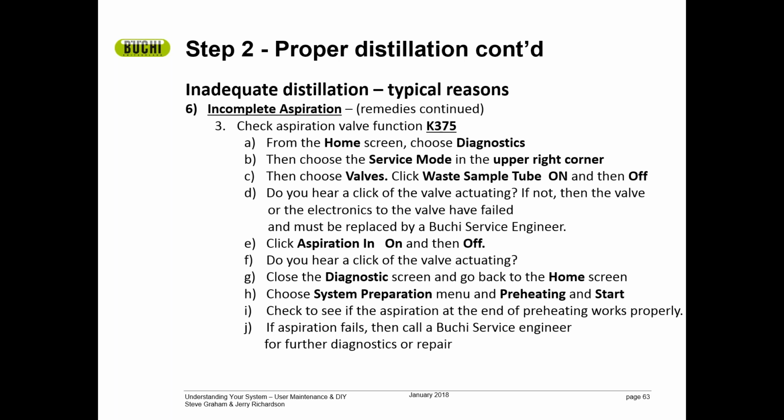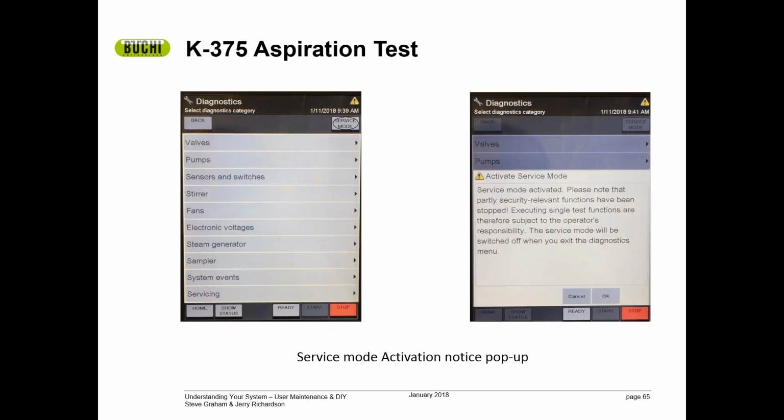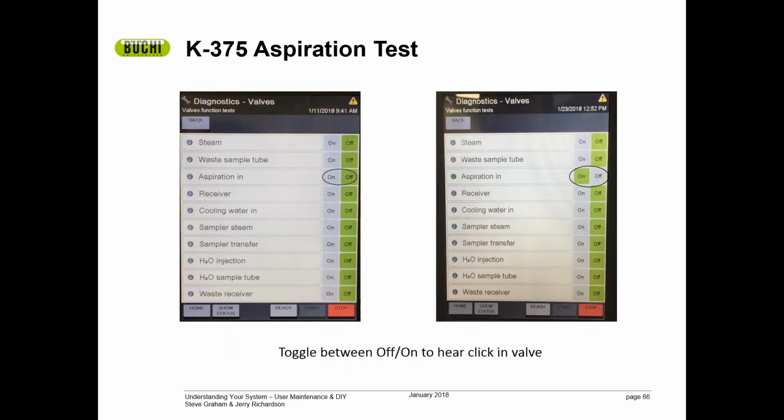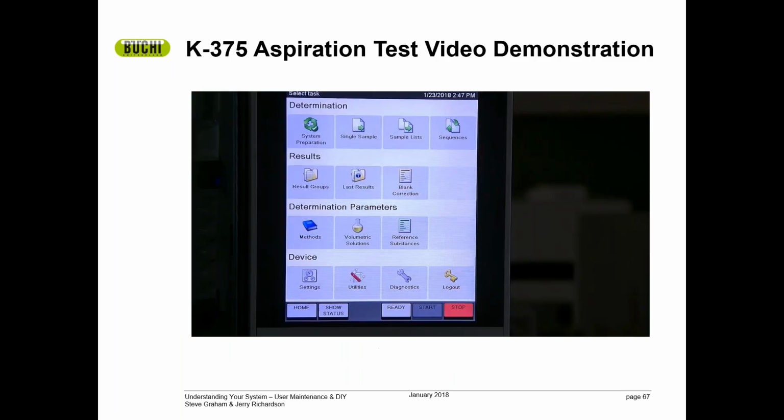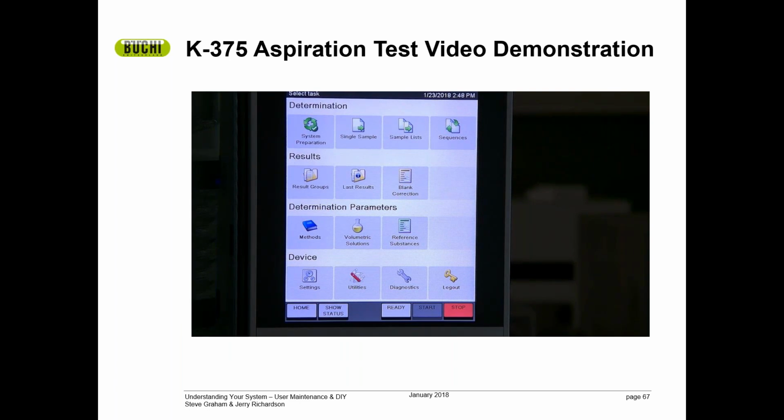What we'd like to do is use a video to actually show you how that is accomplished. So on the system, here again, we go through the diagnostics mode, and we're going to turn on and off that aspiration valve. So let's see what the K375 software looks like on the instrument.